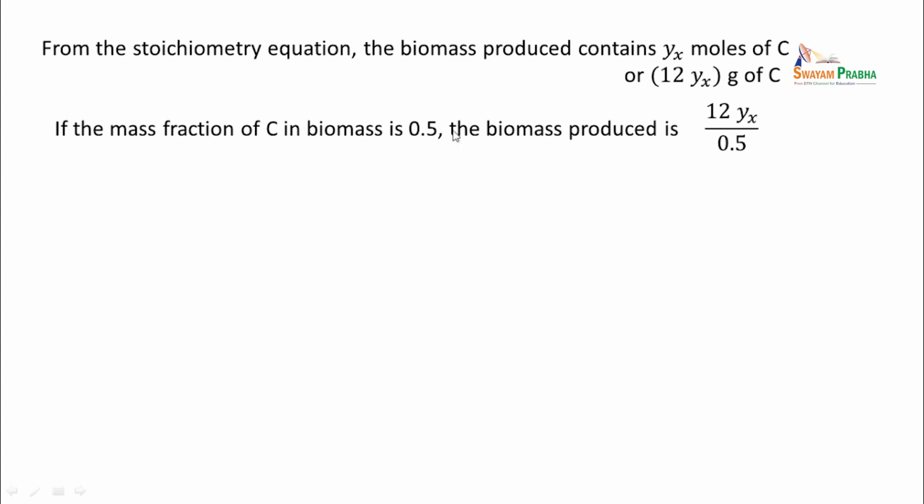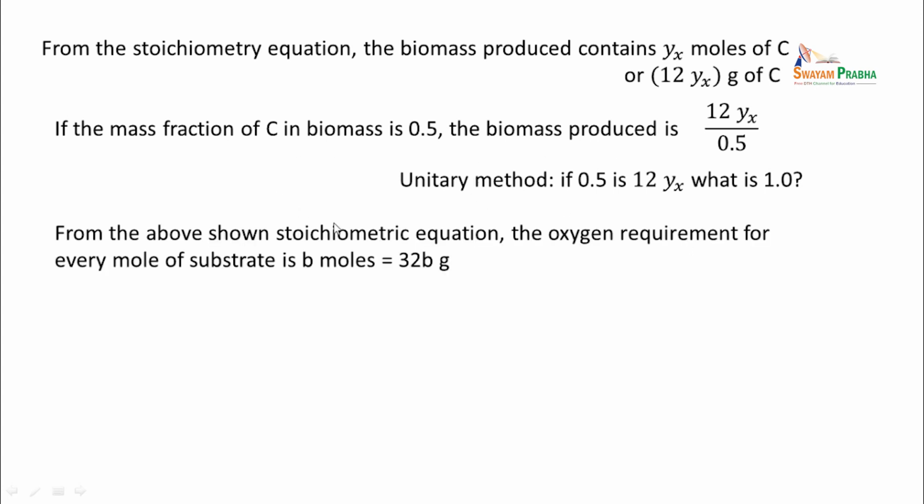Or in other words, if 0.5 C in biomass corresponds to 1 biomass, how much would 12 YX grams of C correspond to? What is the biomass it will correspond to? That will be 12 YX by 0.5. If 0.5 is 12 YX, what is 1? That's the unitary method that we use to get this particular expression here. Just go ahead and practice this.